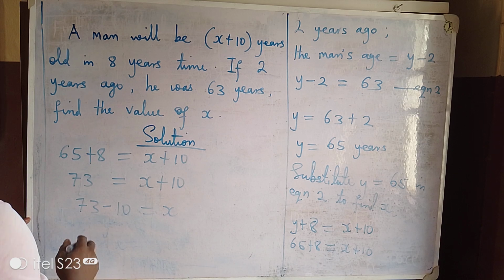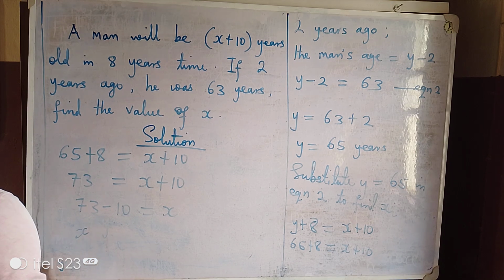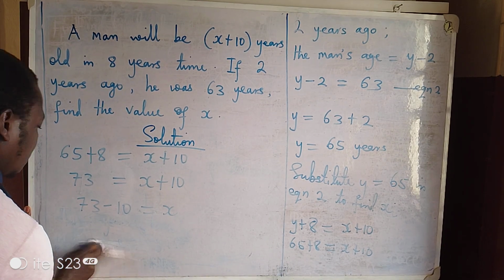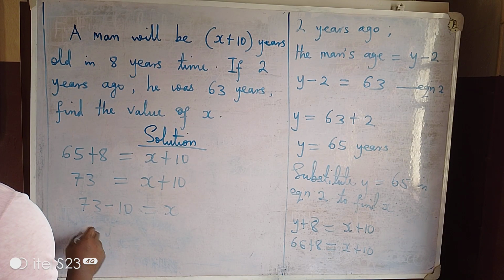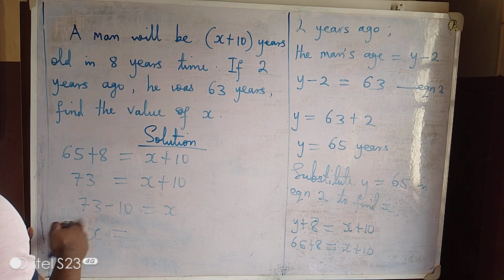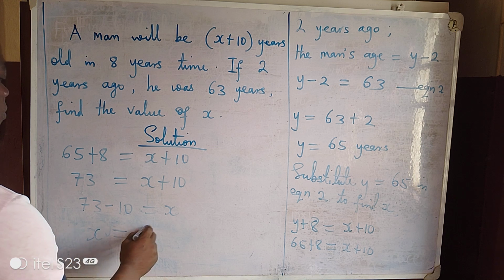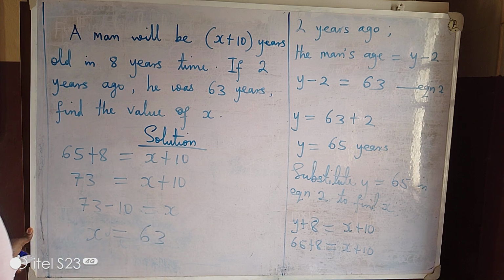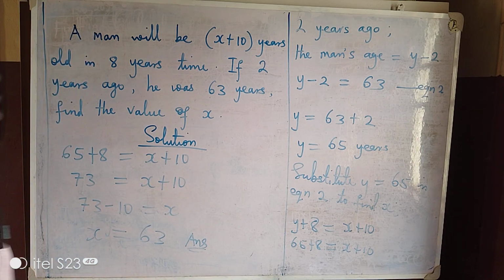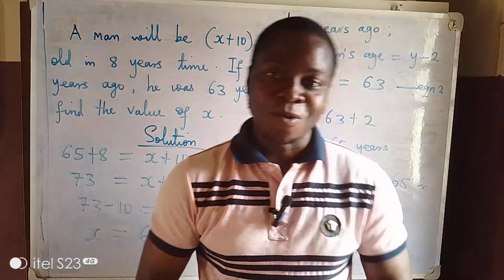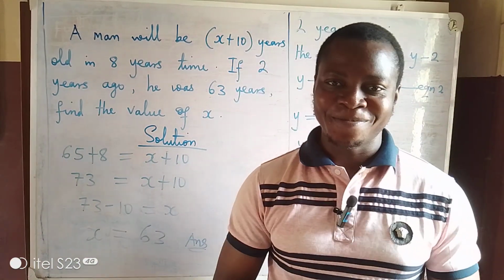So x will be equal to 73 minus 10, that will be 63. So the value of x is 63. Thank you for watching my video. See you next time. Bye.